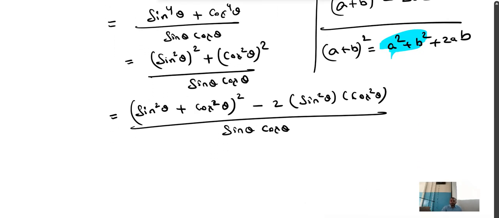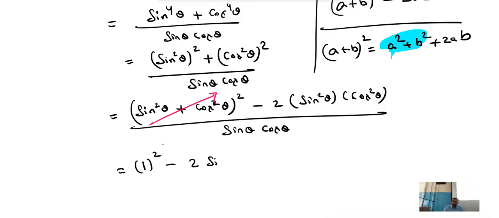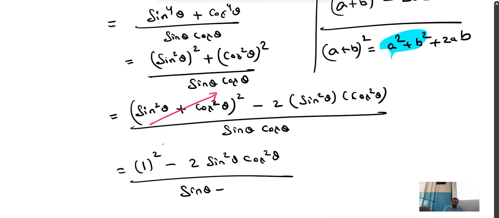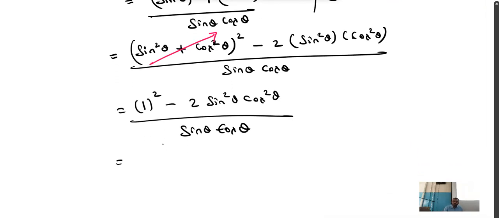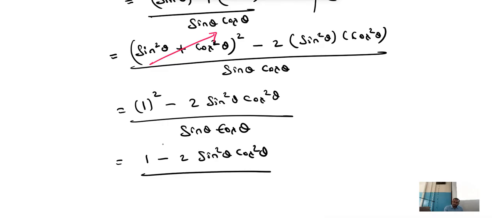Identity. We know that sin square theta plus cos square theta is 1 square as it is, minus 2 sin square theta into cos square theta, whole divided by sin theta into cos theta. Now what is 1 square? It is 1 minus 2 sin square theta cos square theta divided by sin theta into cos theta.